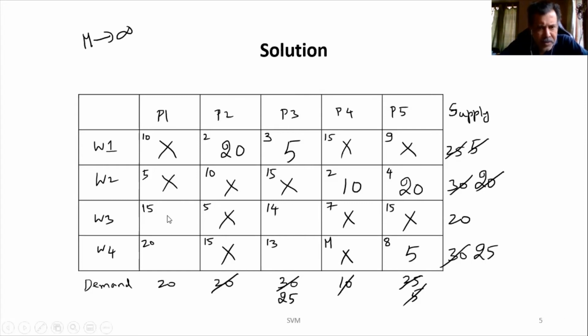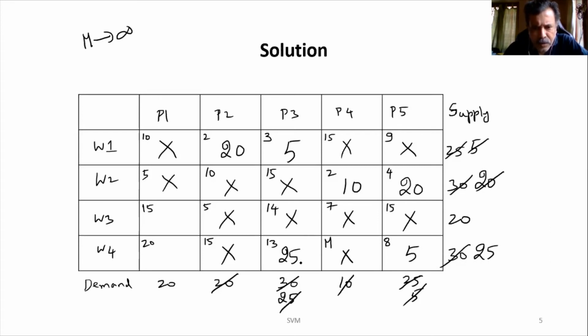Now these are the cells which are left: 15, 14, 20, 13. Least cost is 13. When you come to this particular cell, you compare the demand and supply; both are the same, 25 and 25. So allocate 25 here. Since I allocated 25 fully, I have to close this, this.